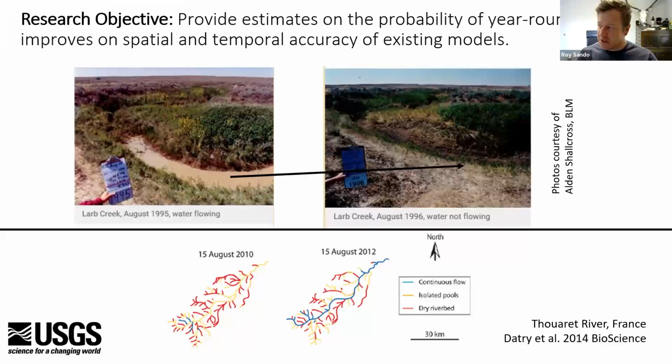So we have numerous examples of areas that flow one year and don't flow another year. And typically those are captured in static predictions, but we want to get to the point where we can model and predict those locations and the flow in those locations on an annual basis, and even up to a daily basis. And I'll talk about that effort here in a little bit.